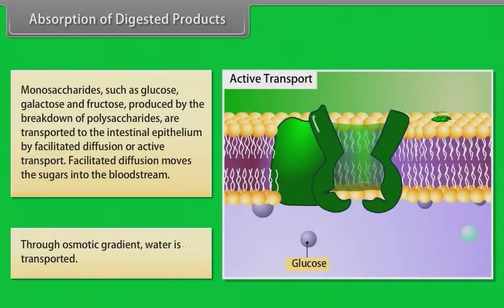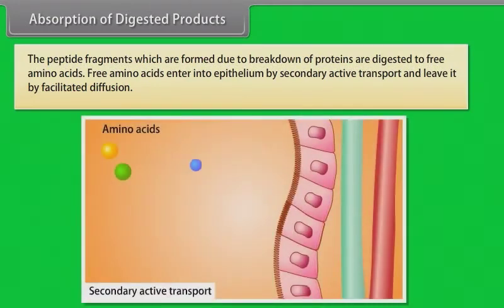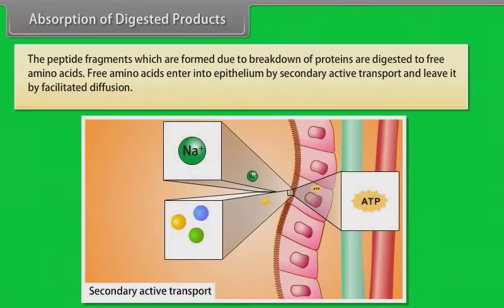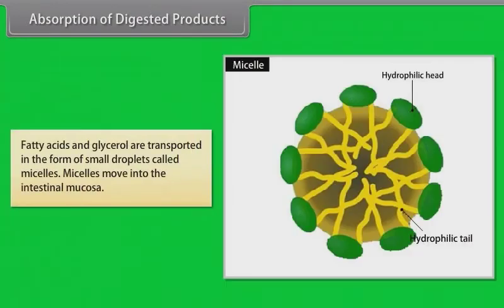water is transported. The peptide fragments which are formed due to breakdown of proteins are digested to free amino acids. Free amino acids enter the epithelium by secondary active transport and leave it by facilitated diffusion. Fatty acids and glycerol are transported in the form of small droplets called micelles.